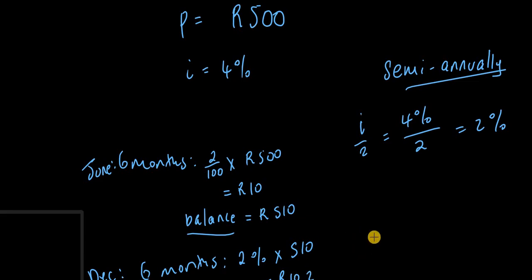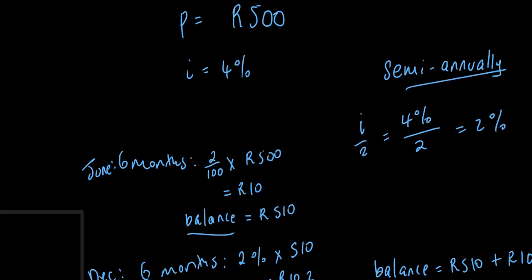So therefore, the balance is the original 510 plus the 10 rand, 2. That means the answer that you're gonna be having is 520,2. That's how much you're gonna be having at the end of the year.